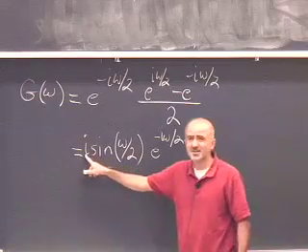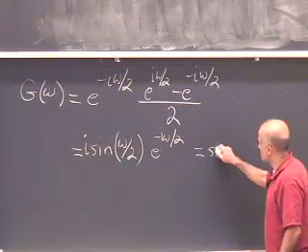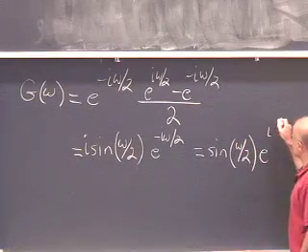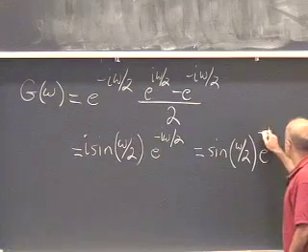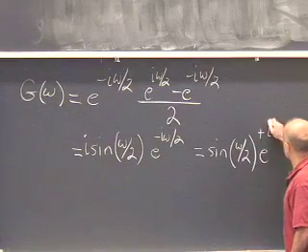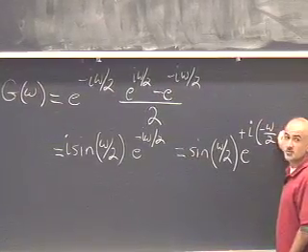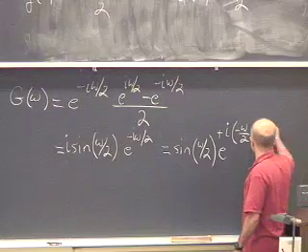Now, I don't like these i's floating around here. So I changed that. How do I get rid of the i and absorb it into the exponential? Phase shift. So this is e to the i times minus omega over 2 plus, what's pi? Pi over 2.